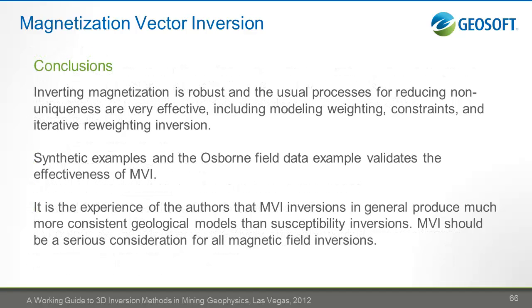So I've shown you that inverting magnetization is robust, and we can use the usual processes that we use in susceptibility inversion for reducing the effects of non-uniqueness, that is regularization. We can include model weighting, constraints, sharpening, all the usual tools of inversion.